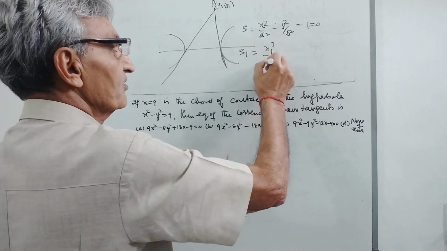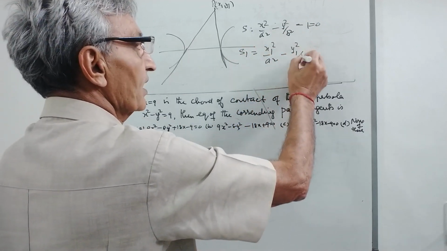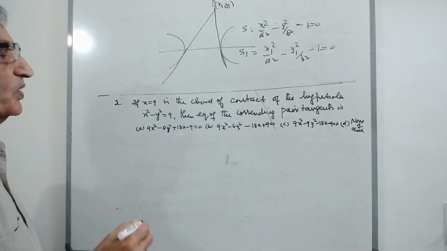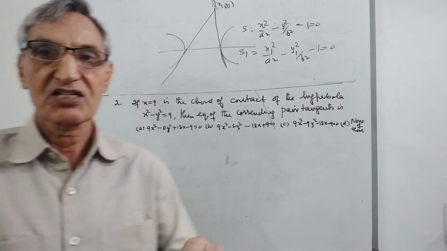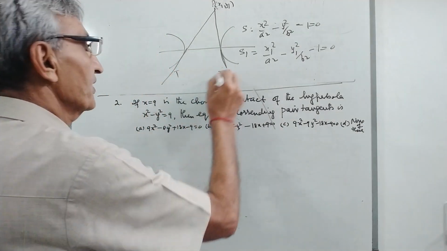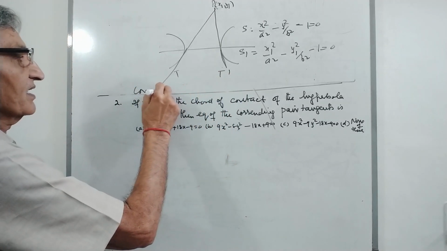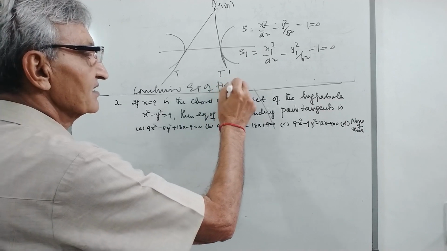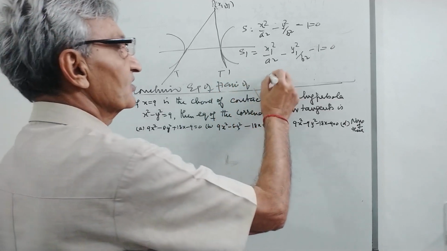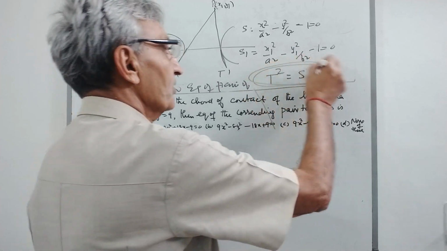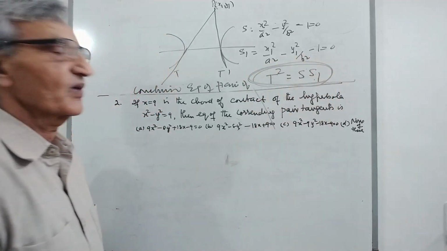Let's put the value here. Then what is the equation of the pair of tangents? There are two tangents. What is the combined equation of the two tangents? The pair of tangents is T square is equal to S into S1. I am going to apply this: T square is equal to S into S1.